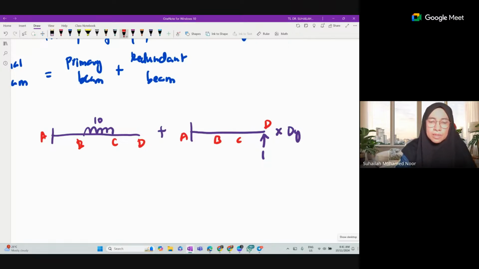For the redundant beam, we have a determinate system, a cantilever beam subjected to a unit value of DY. This means a cantilever beam subjected to a unit value of DY.